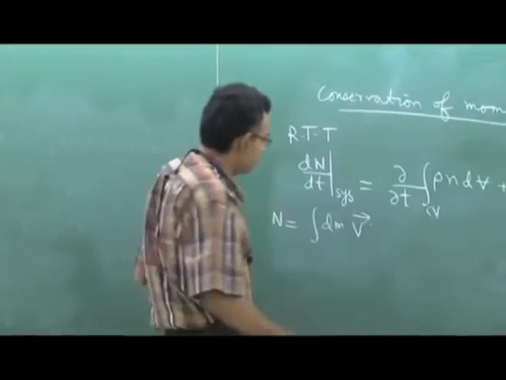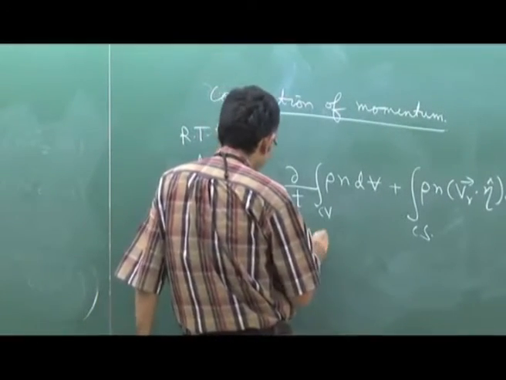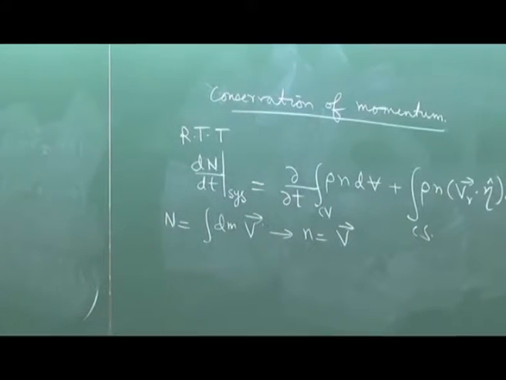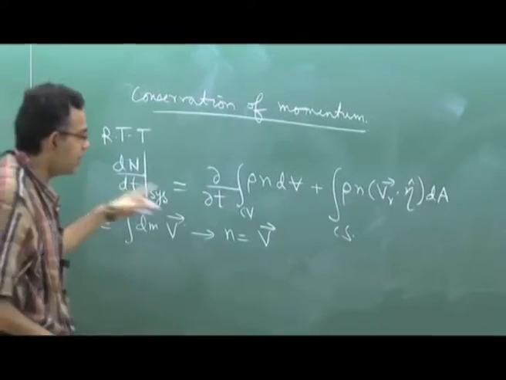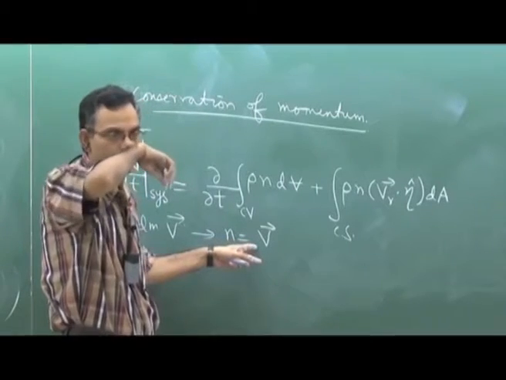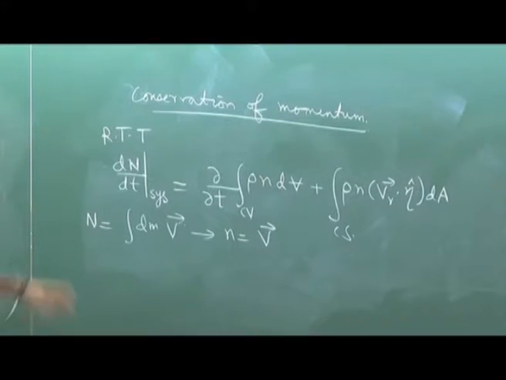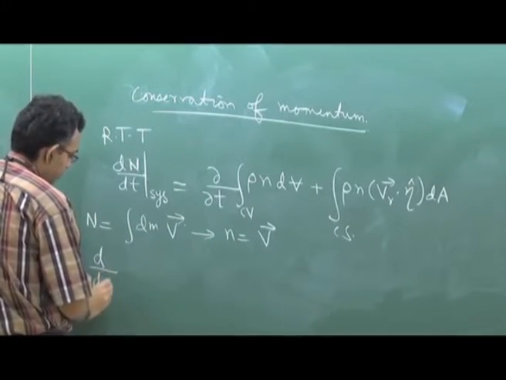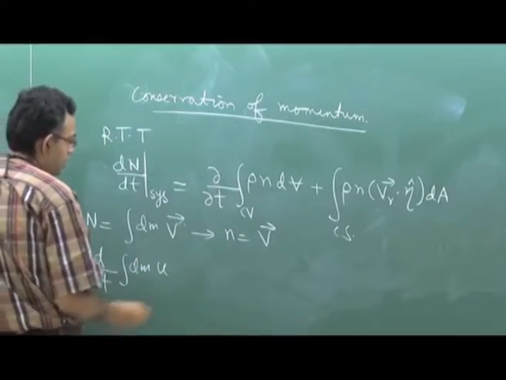So this means that small n is V. You can see that this becomes a vector equation, because this V will have its own components. So let us write the different components of the vector equation. Let us write the x component.